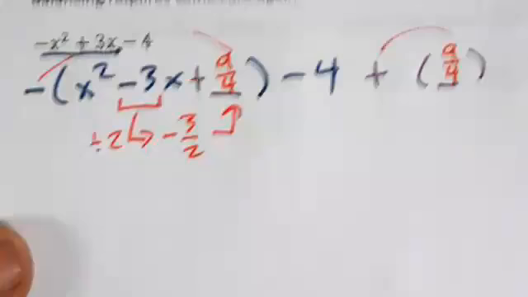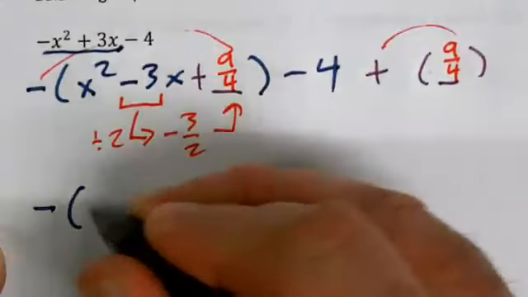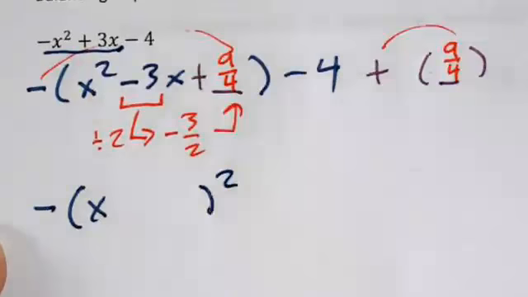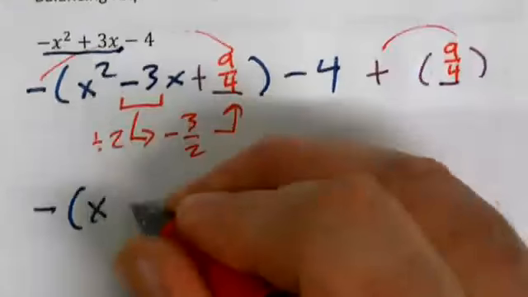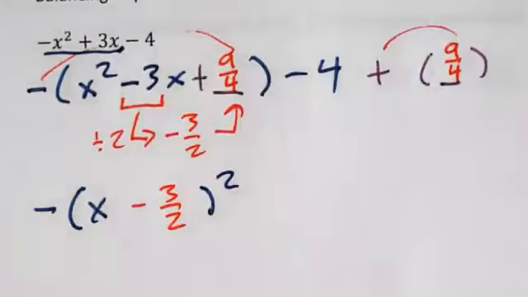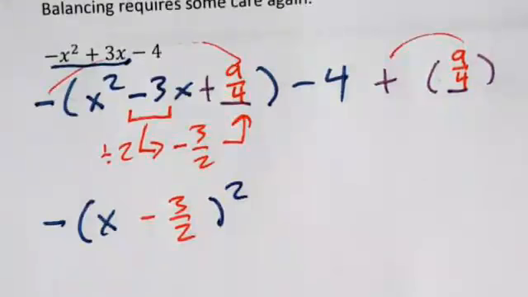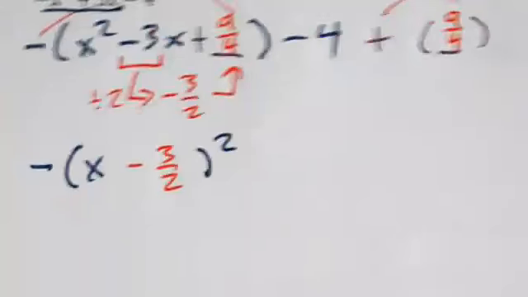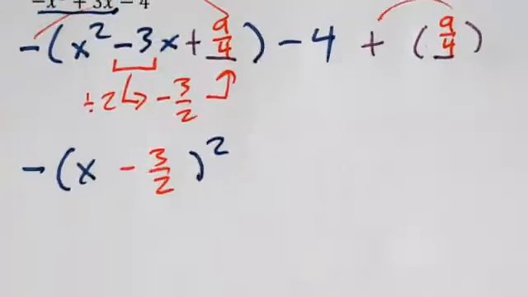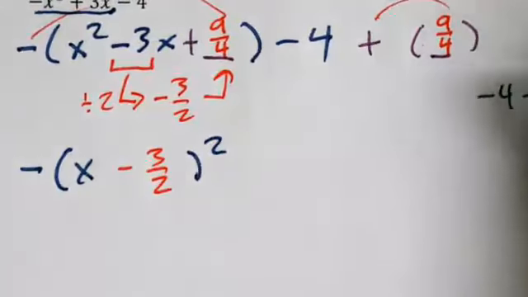Okay. Now we can factor this thing. We're going to have a minus 3 over 2 inside of here. A negative 4 plus 9 over 4. I'm going to do that off to the side here. Negative 4 plus 9 over 4. That's negative 16 over 4 plus 9 over 4.